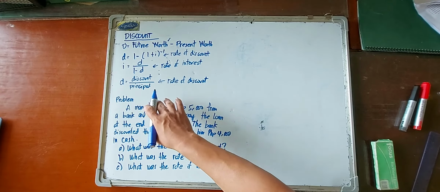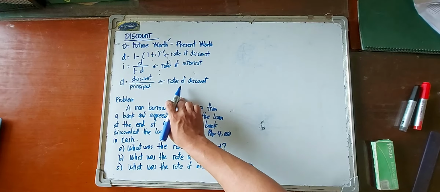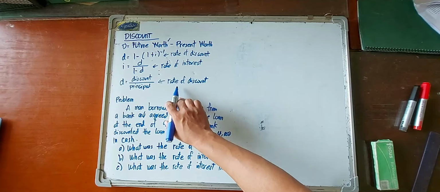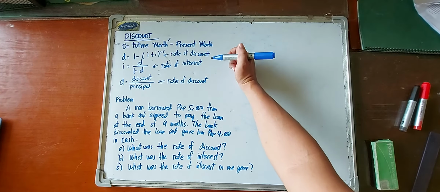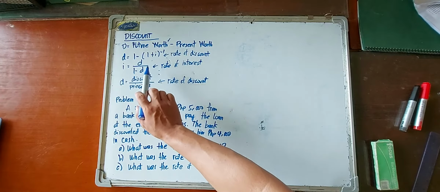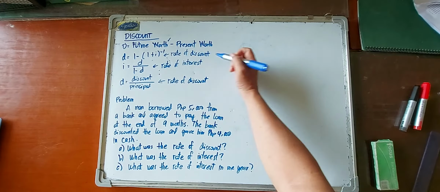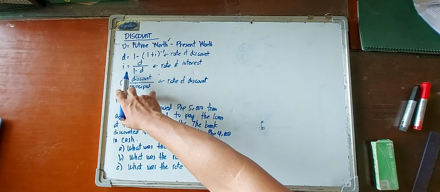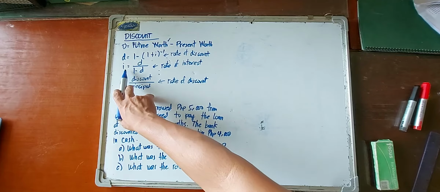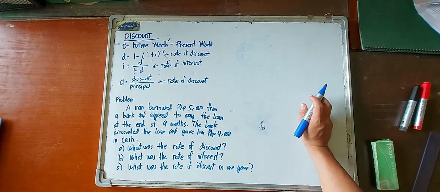Or we can also solve for the rate of discount in terms of the interest. If given yung rate of interest natin, we can solve for the rate of discount. And the interest can also be solved given yung discount, using this particular formula.